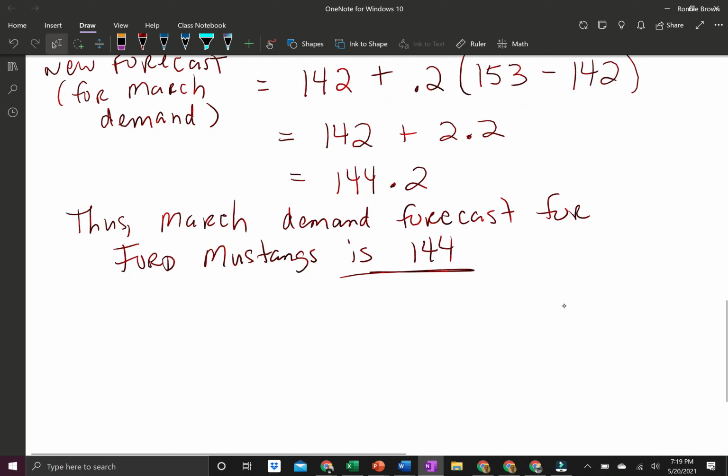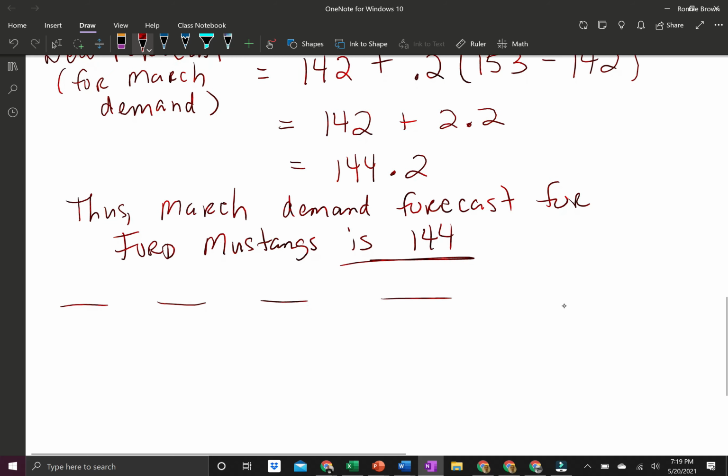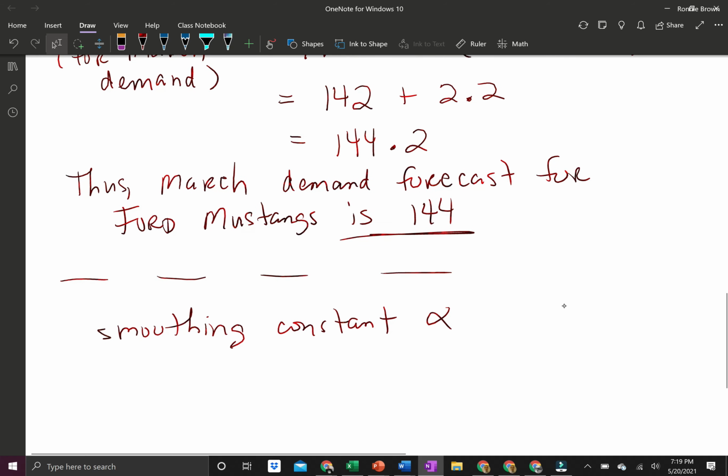All right, so a bit more discussion about our smoothing constant, alpha. So this is generally in the range from 0.05 to about 0.5 for most business applications.